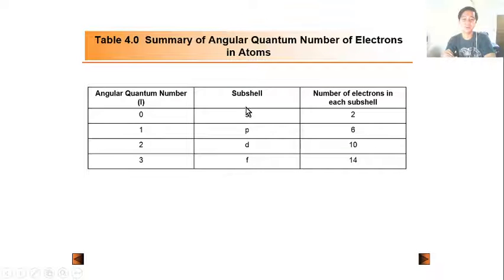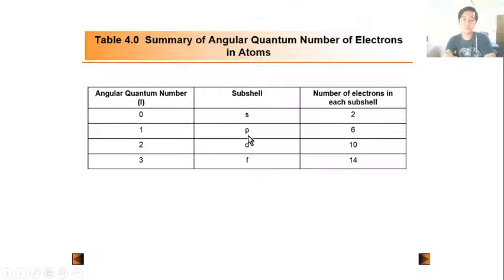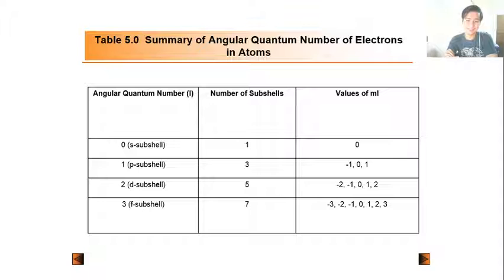Okay, so again, the orbital designation S, the value for that is 0. P is 1, D is 2, F is 3. And we know that S can hold 2, P can hold 6, D can hold 10, and F can hold 14 electrons. So if the value of L is 0, the value of M sub L is 0, right?